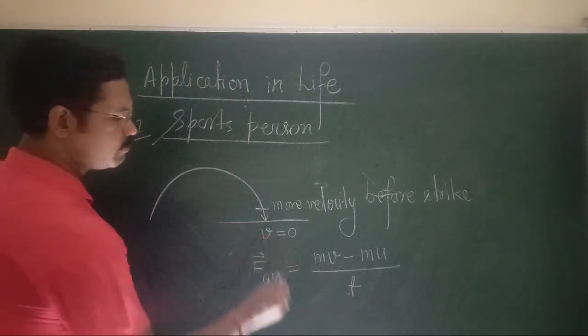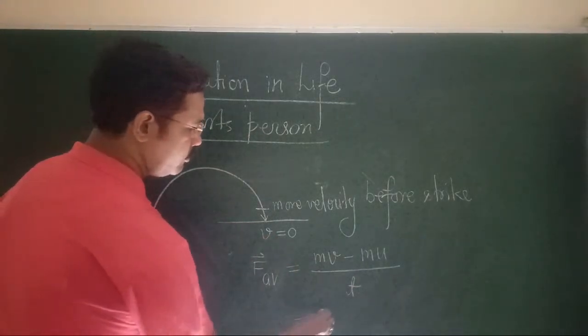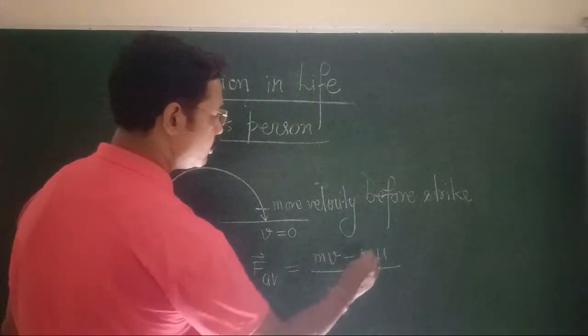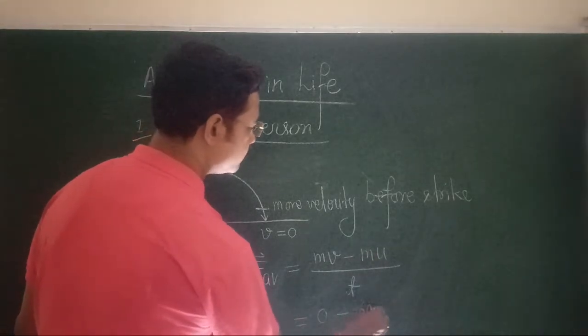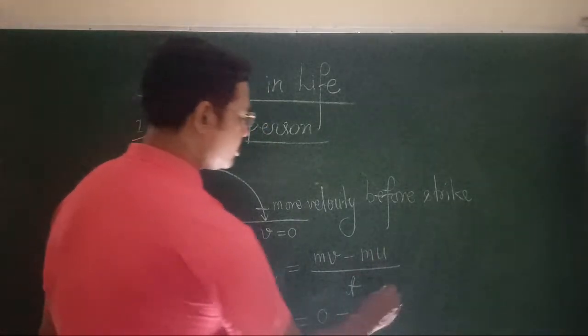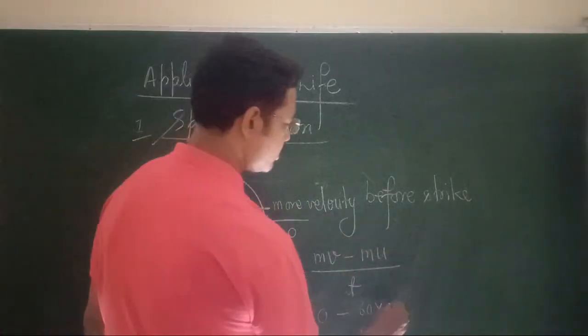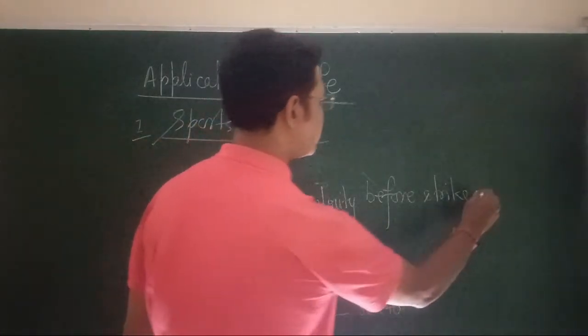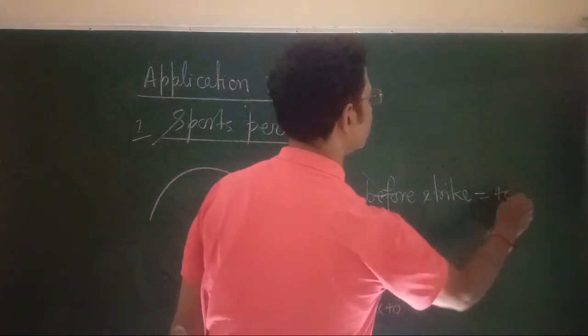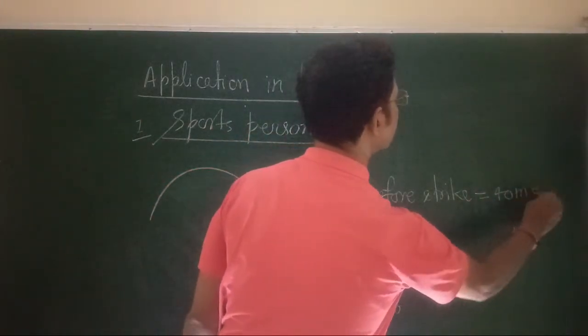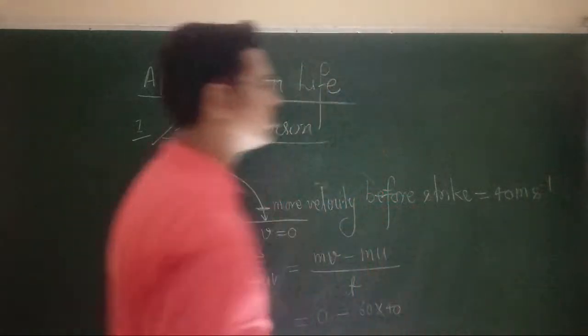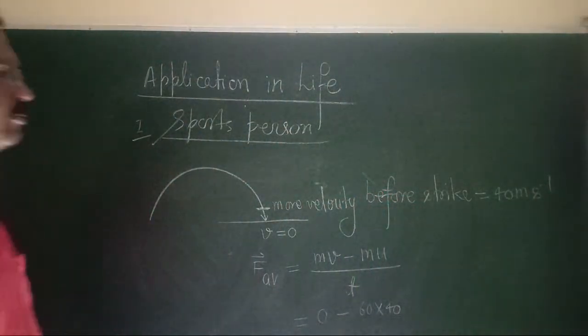Final velocity becomes 0. The mass of the person is 60 kg. Initial velocity before the strike is suppose 40 meter per second, before striking the ground.